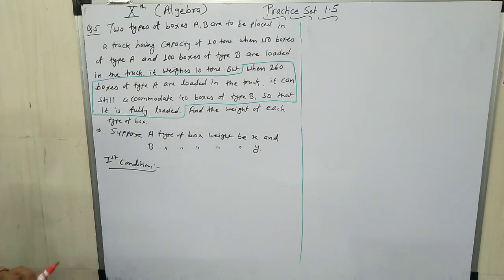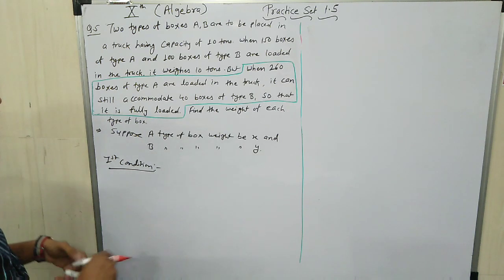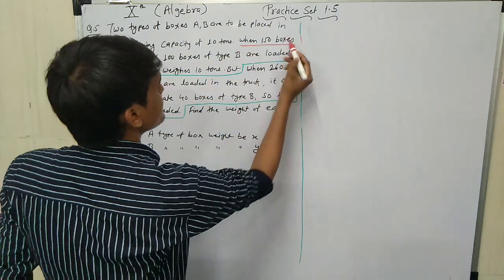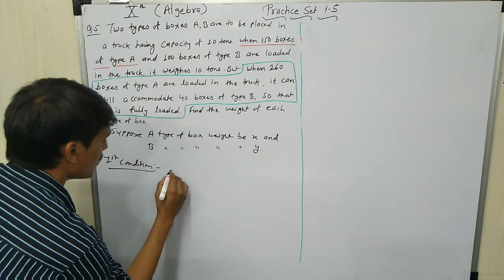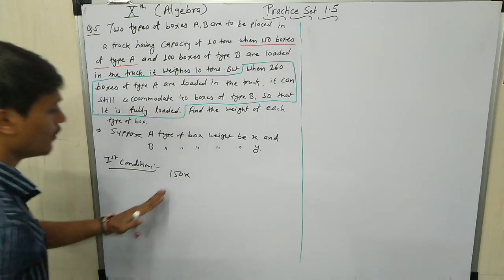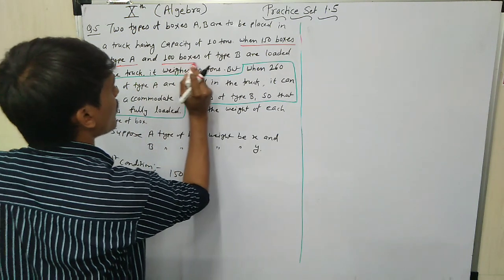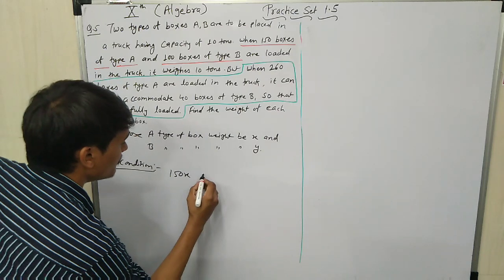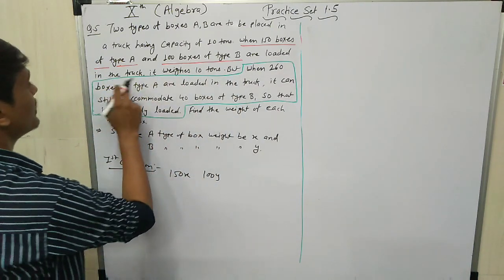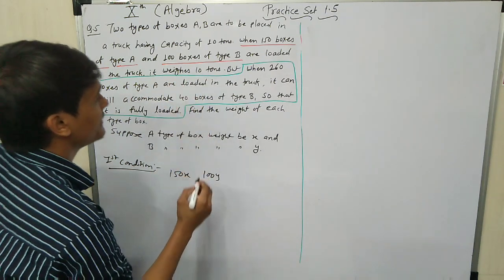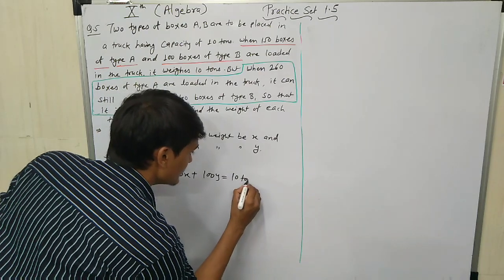What is the first condition? When 150 boxes of type A, 150 boxes of type A means 150x, and 100 boxes of type B means 100y, are loaded in the truck. Its weight is 10 tons. This is the sum.